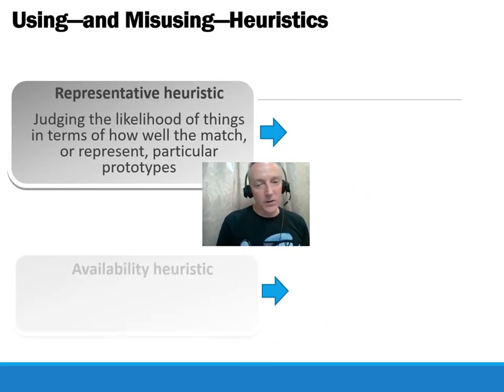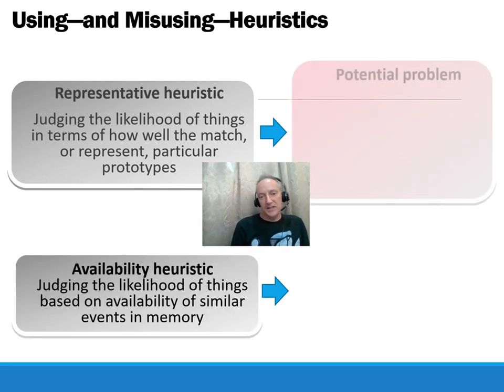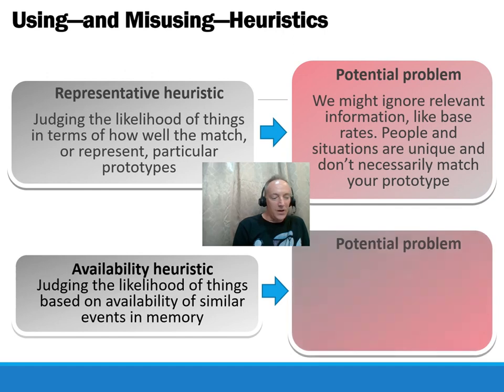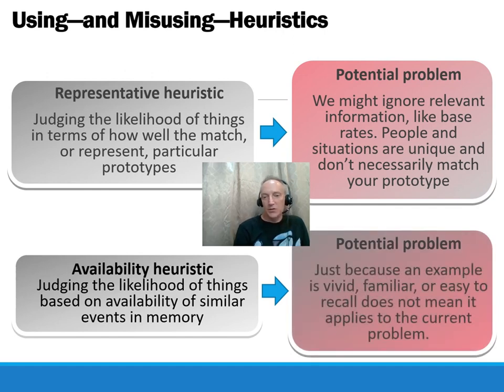So how can heuristics lead us astray? What are some of the potential problems we encounter when we rely on heuristics? So remember, the representativeness heuristic means we're relying on that prototype.